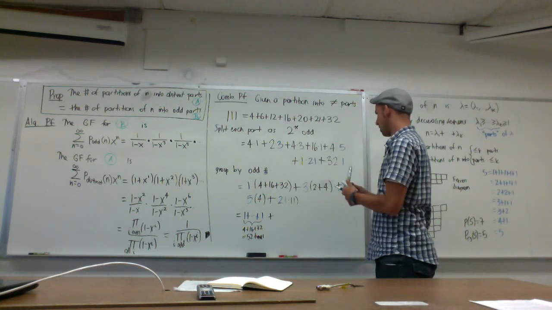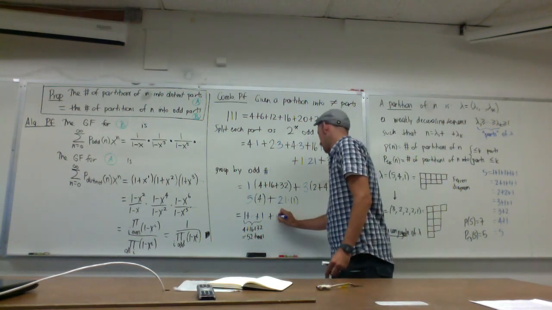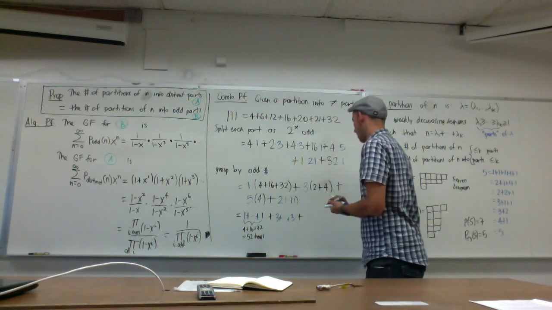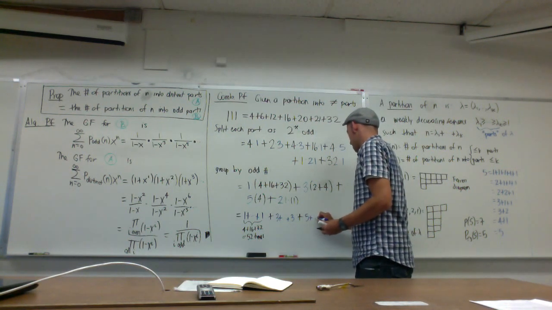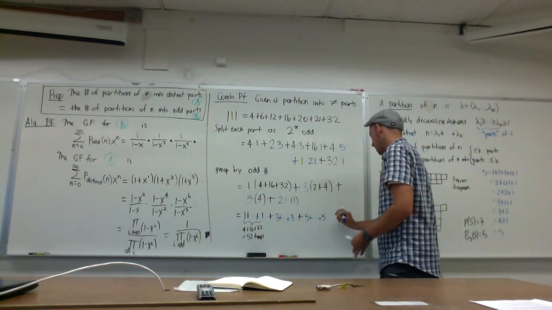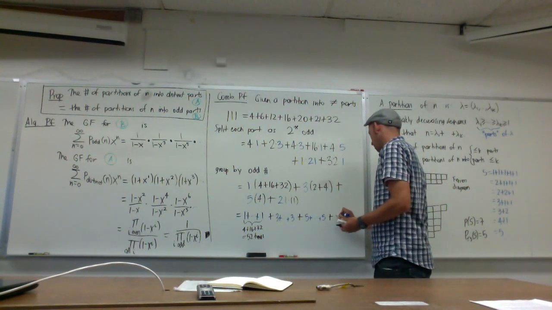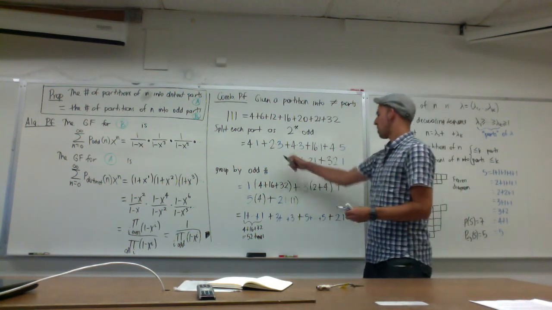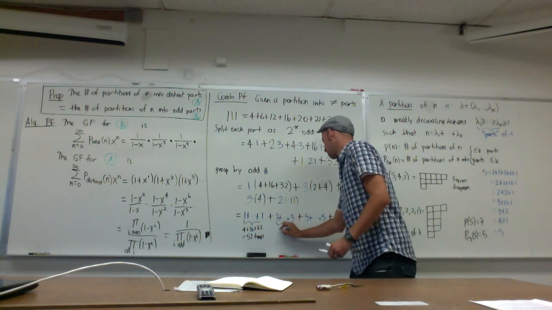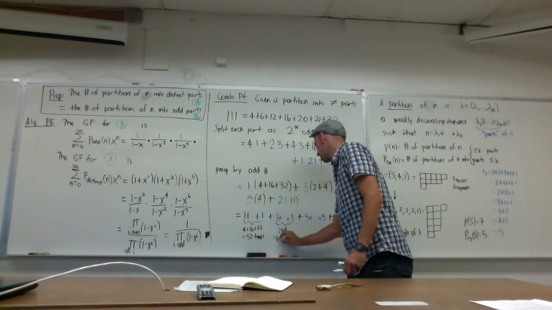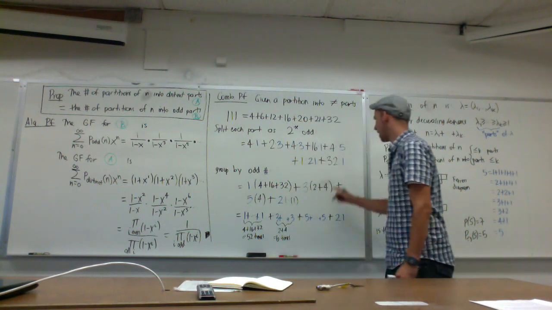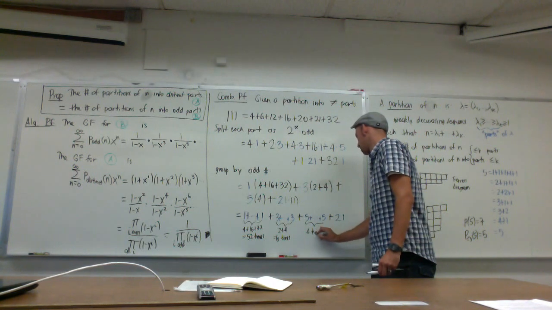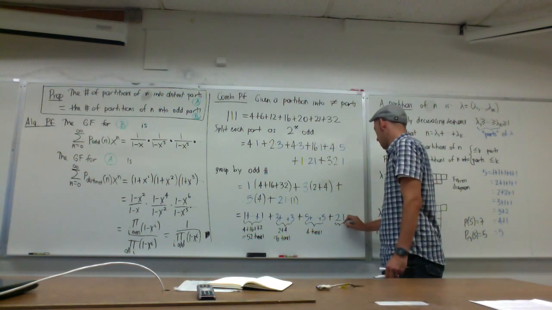Plus, then 3 plus 3 plus 3, and then 5 plus 5 plus 5, and then 21, well, 21 is only going to appear once, right? So let's see, 3 appears 2 plus 4, which is 6 times. 5 appears 4 times. And 21 appears once.